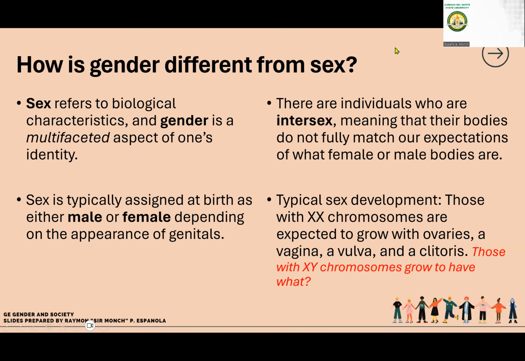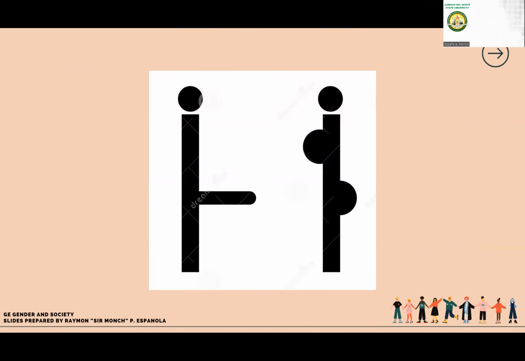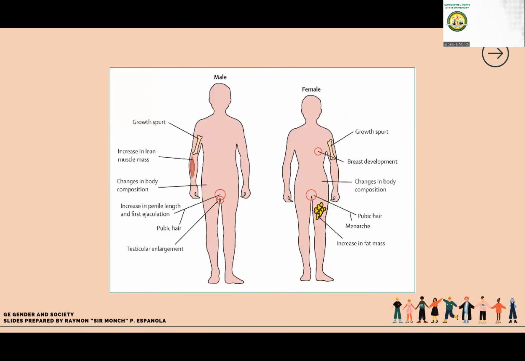But the idea is that sex refers to our biological characteristics that depend on the appearance of genitalia, just like this one. To put it simply, being male means having a penis, and being female means having breast development, wider hips, and also a vagina.